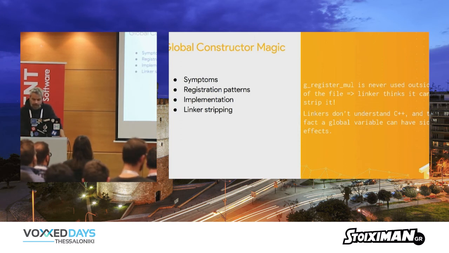So that's nice in theory, as we said, but linkers are still stuck in 1978, and they don't understand C++ at all. So when they see a registration, a global variable constructed by a macro, the linker analysis thinks nobody ever uses it, so it drops it. But a global variable can have side effects.